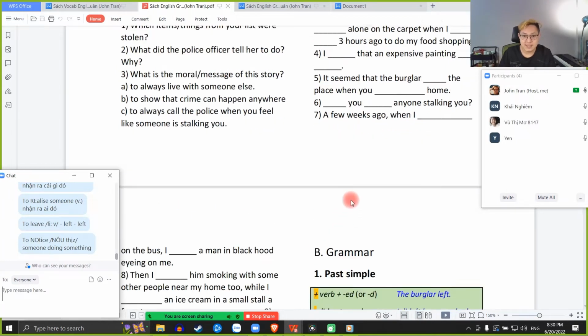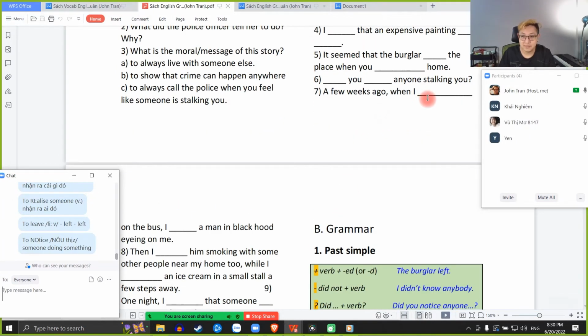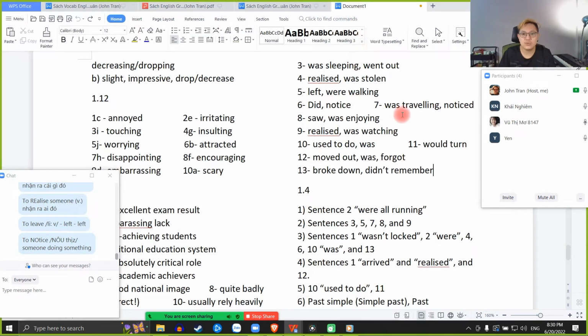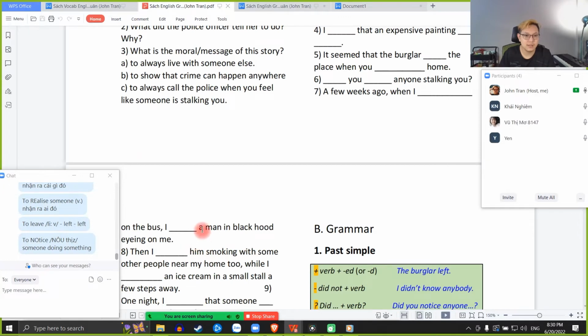Number 7: A few weeks ago when I was traveling on the bus, I noticed a man in black hood eyeing on me. Một vài tuần trước khi mà tôi đang đi trên xe bus, when I was traveling on a bus. So basically that is a context. Context, ngữ cảnh, hoàn cảnh tình huống.